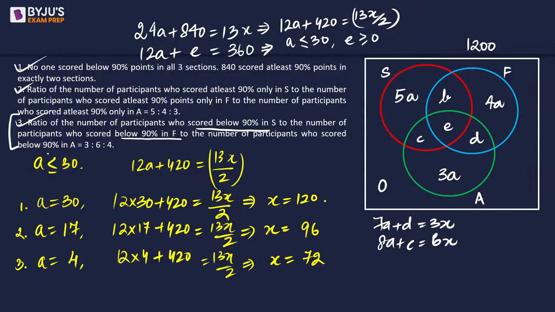And below 90% in A, that is the sum of 5a, b and 4a, which is 9a plus b, and this is going to be 4x. So this is what x is. So different values of x will result in different values of a, and accordingly we are going to get the values of individual b, c and d.